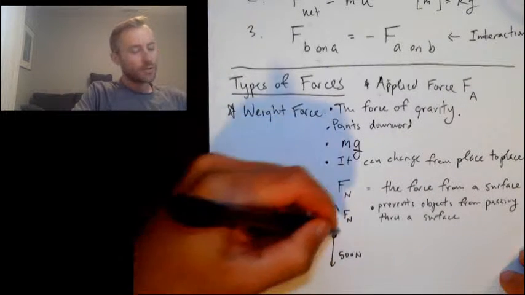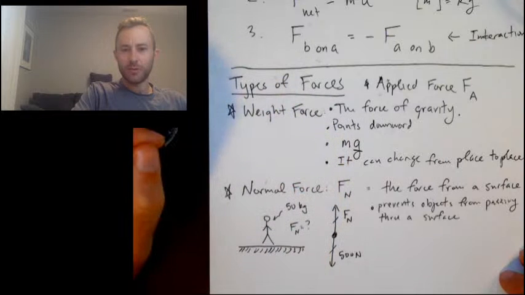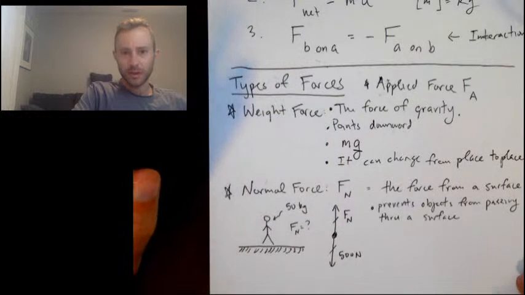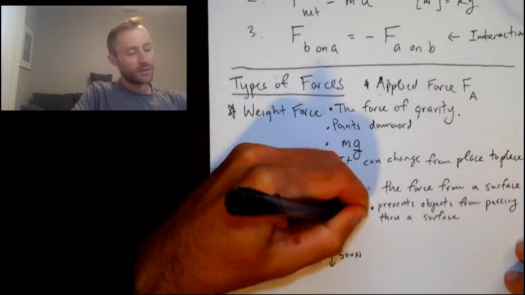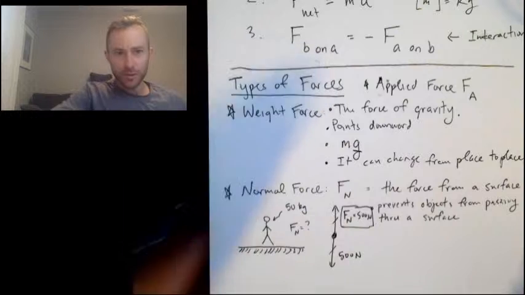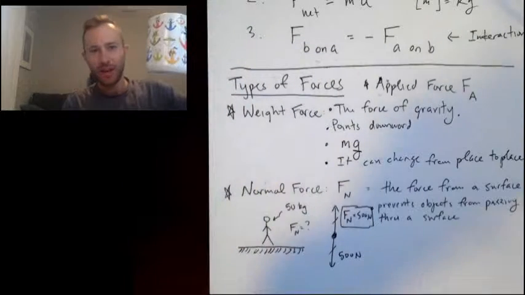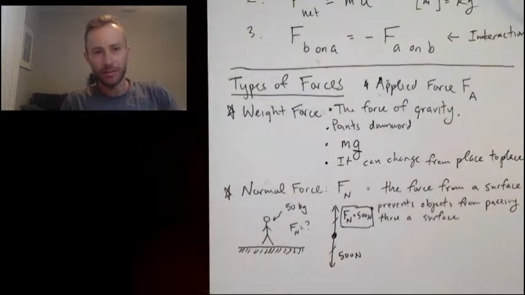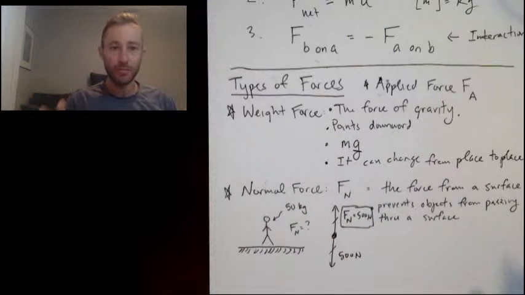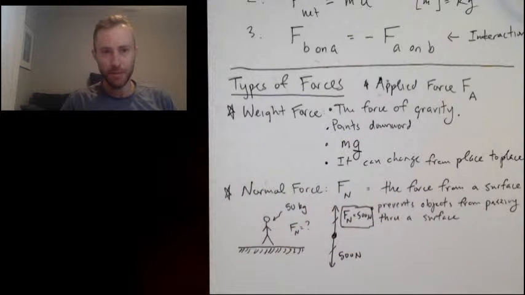So the normal force and the weight force are equal in size, and I'll put a little slash to indicate that. In this case, the normal force is 500 newtons. So if you put a 10 newton cup on the table, the normal force on the cup is 10 newtons.